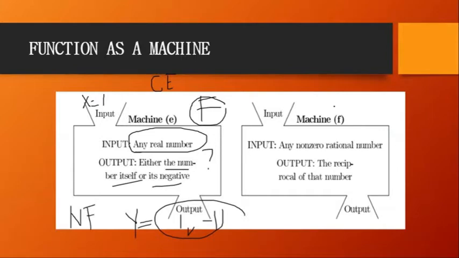Kasi kung gagawin natin yung ordered pairs, ganito yung magiging itsura niyan. We have 1 at 1. We also have positive 1 and negative 1. Kung mapapansin nyo, yung x natin ay naulit. Okay? Ito yung nasa third definition natin. Balikan nyo na lang. So, naulit yung x natin.